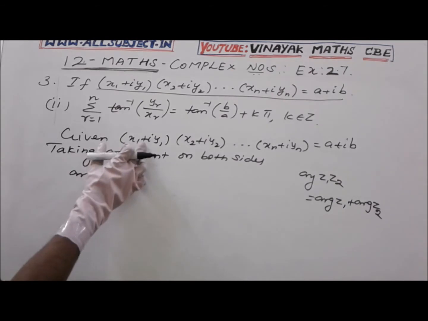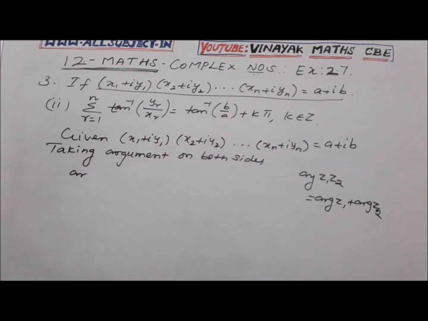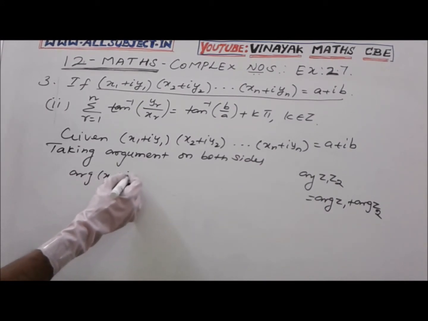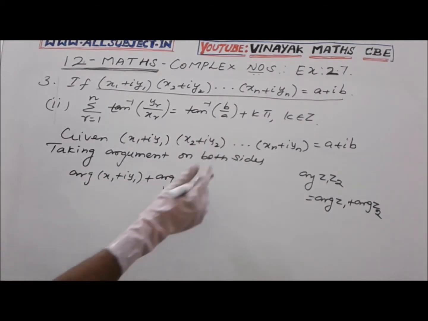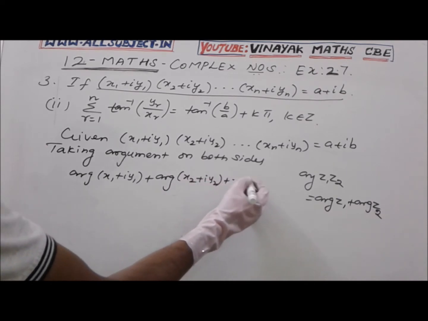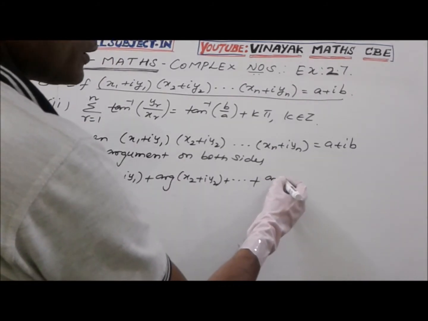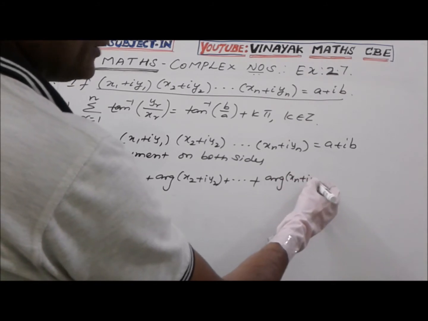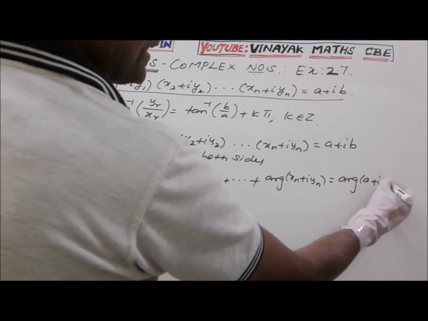So argument of (x1 + iy1) into (x2 + iy2) etc. (xn + iyn) will be equal to argument of (x1 + iy1) plus argument of (x2 + iy2) plus etc. plus argument of (xn + iyn). Since they are in a product, we can separate by addition. This is equal to argument of a + ib.